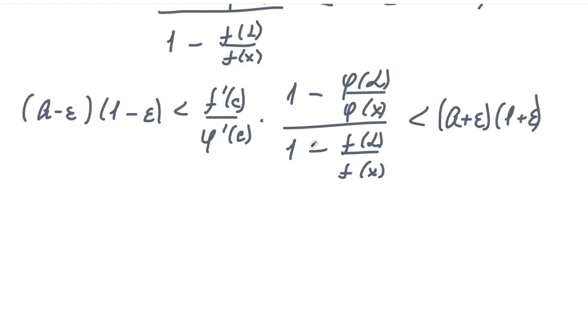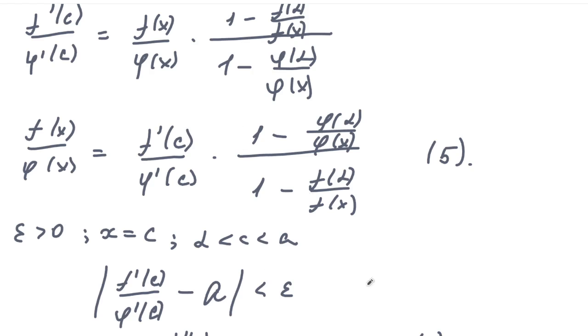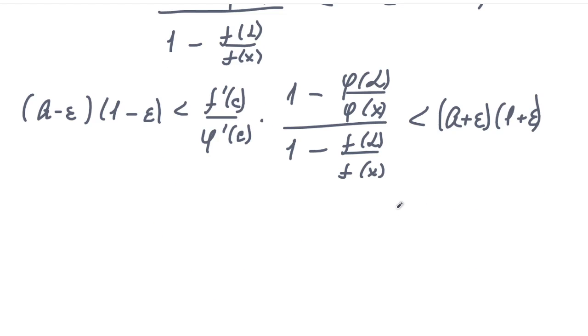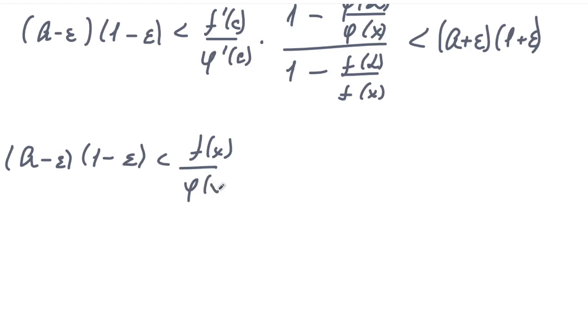Or from expression 5, A minus epsilon times 1 minus epsilon is less than f of x over phi of x is less than A plus epsilon times 1 plus epsilon.